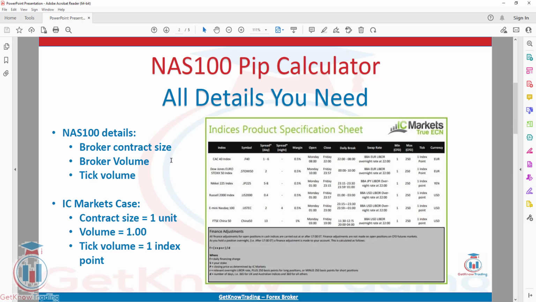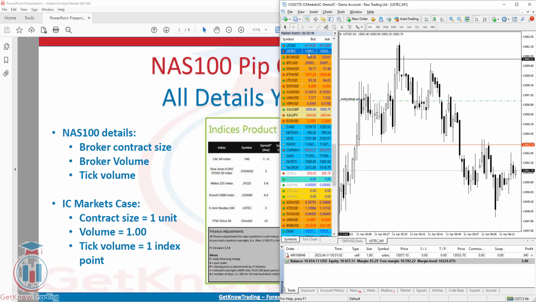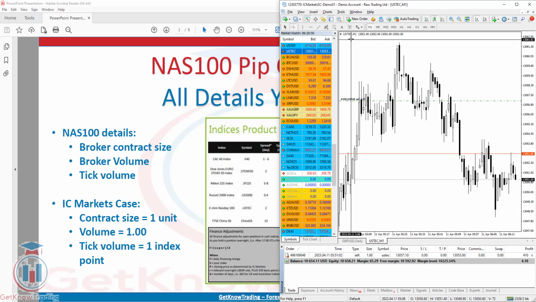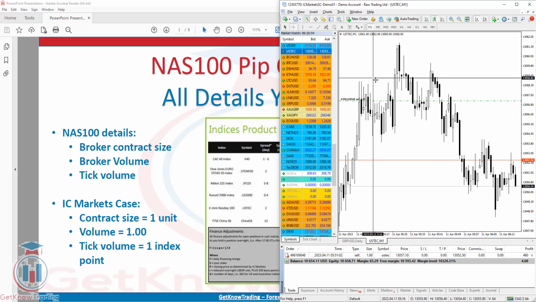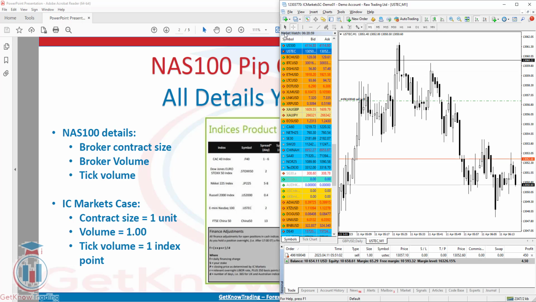There is also another way you can find the contract size. In this case, for this trading symbol, which is US Tech on IC Markets, which means NASDAQ100, you can go to the MT4 trading platform here inside the Market Watch window, and click the right mouse button on your symbol.